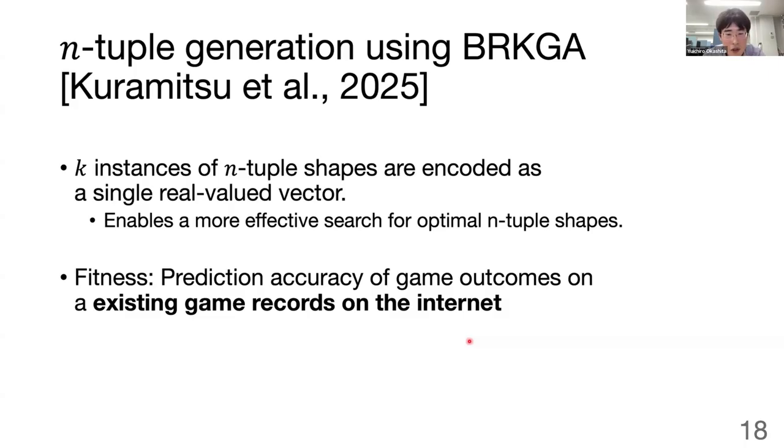However, for their fitness function, they measure how accurately the n-tuples can predict game outcomes using existing game records. The major drawback here is that this approach is no longer domain independent. It relies on having access to a domain-specific dataset of games.